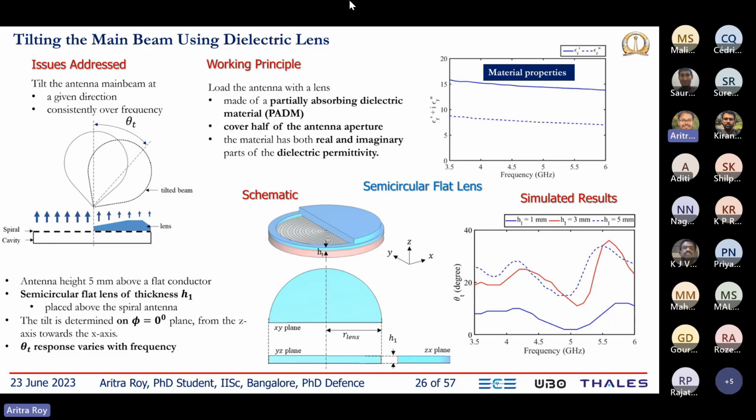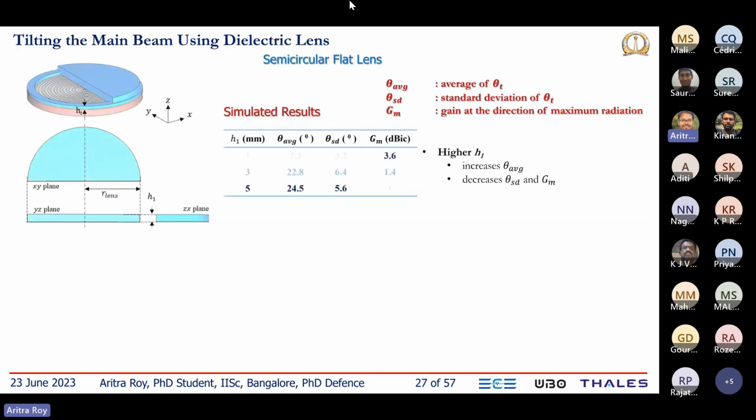But we wanted to quantify this tilt angle. That is why we have defined two metrics. First one is the average tilt angle over the frequency range. Second one is more important, which is the standard deviation of the tilt angle. If we have a small standard deviation, that means the tilt angle does not move much.